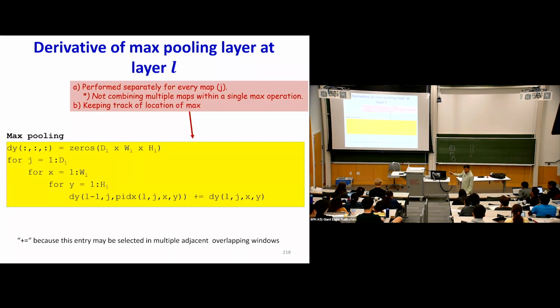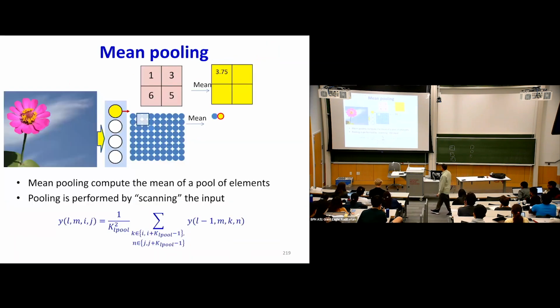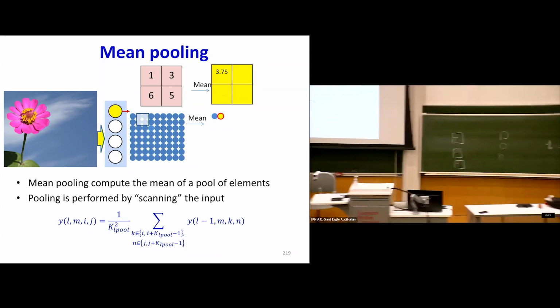So this is making sense to everybody? Right. What about mean pooling? In the case of mean pooling, we were computing the average of all of these, right? This is like saying that y_o equals, in this case, 1/4 times y1 plus 1/4 times y2, and so on.